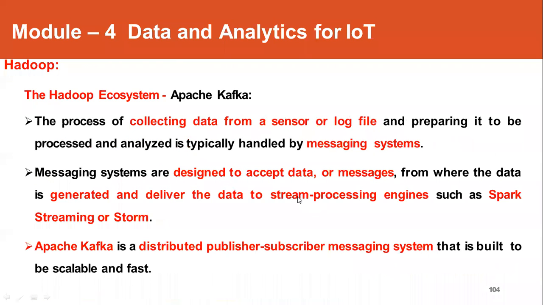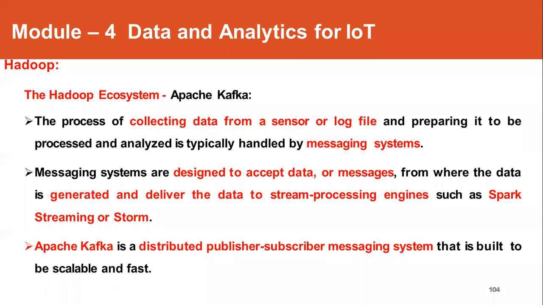This Hadoop ecosystem contains many software projects that are capable of capturing nearly every element in the data life cycle, from collection to storage to processing for analysis and visualization.